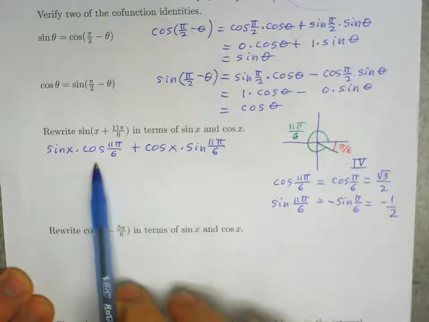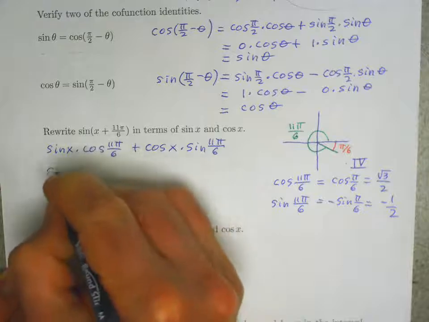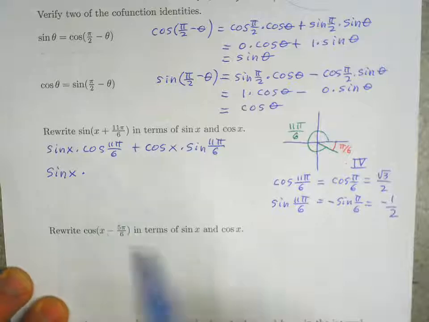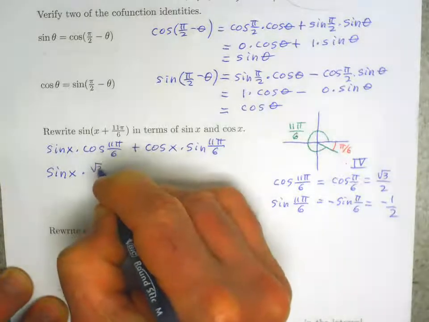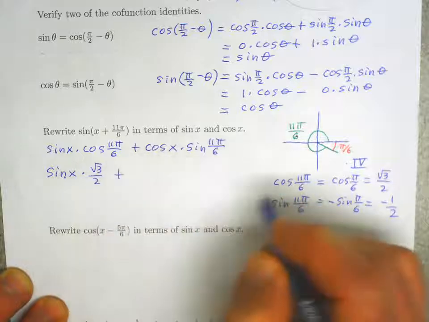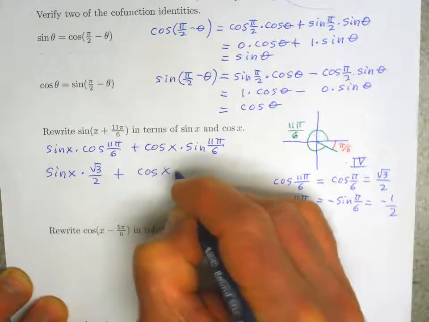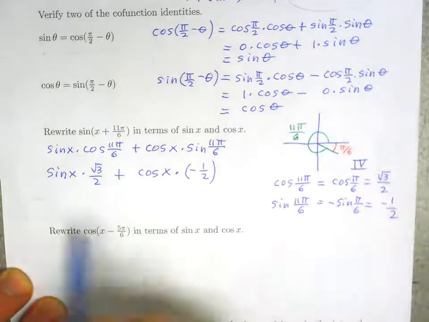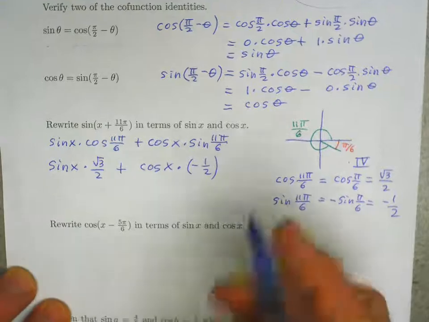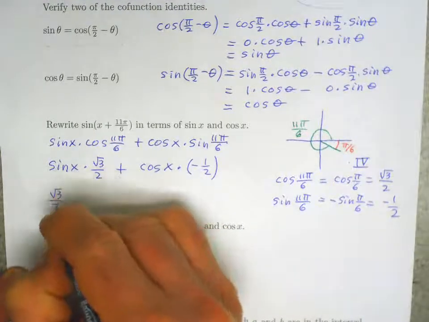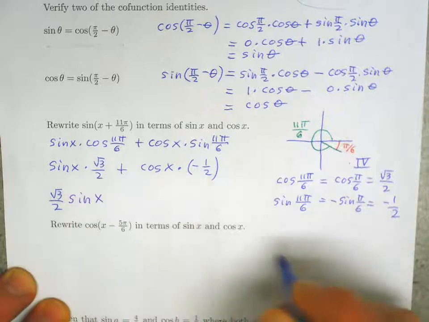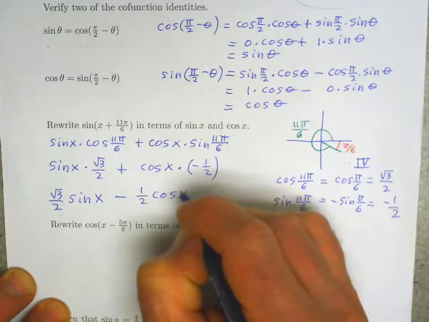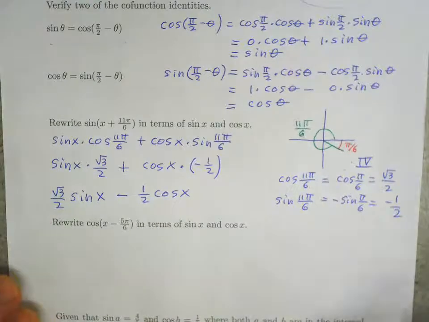Okay, so we can substitute those numbers here, sine of x times cosine of 11 pi over 6, which is equal to the square root of 3 over 2, and then plus cosine of x times negative 1/2. This is an okay answer, but it might look nicer if you write it as the square root of 3 over 2 times sine of x, and then minus 1/2 cosine of x. That's good enough.